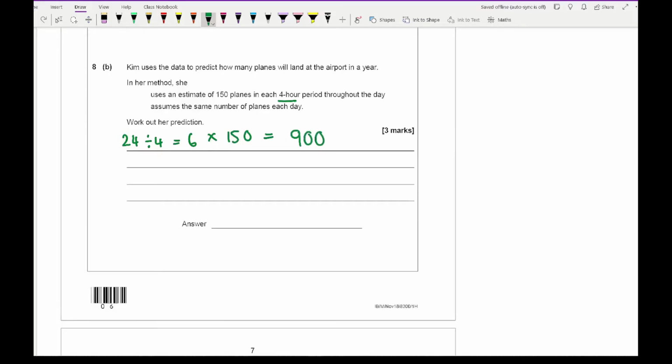So there are 900 planes landing per day. So then what I need to do is multiply that by 7, which gives me 6,300 planes per week.